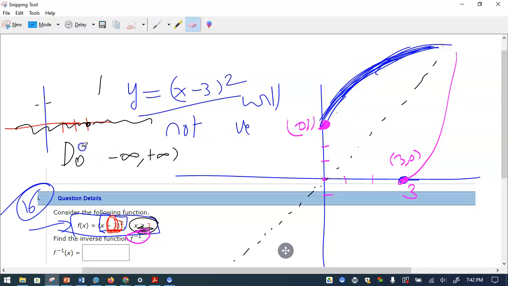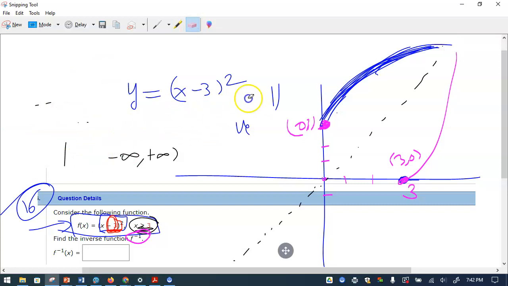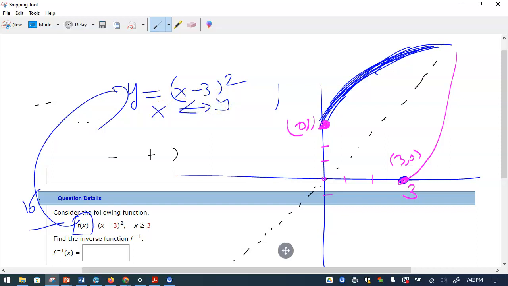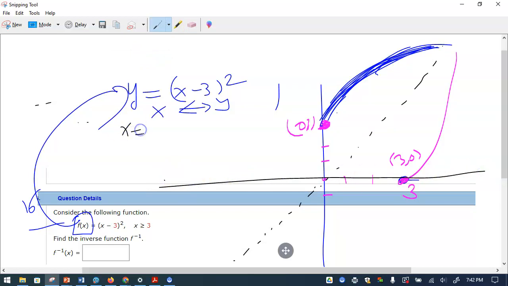So they gave us this, so let's solve it. The first thing is f of x is given. I replace f of x by y. All you do is swap x and y and put it this way. This whole thing becomes x equals y minus 3 the whole square.